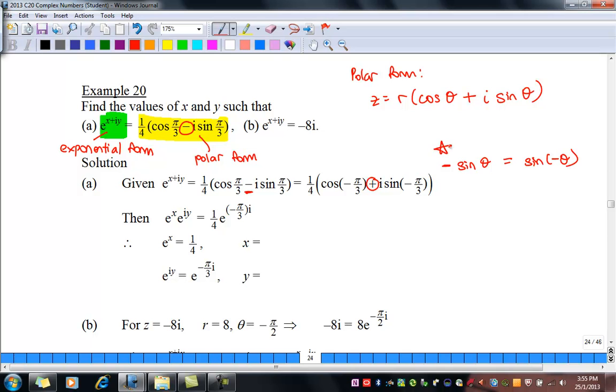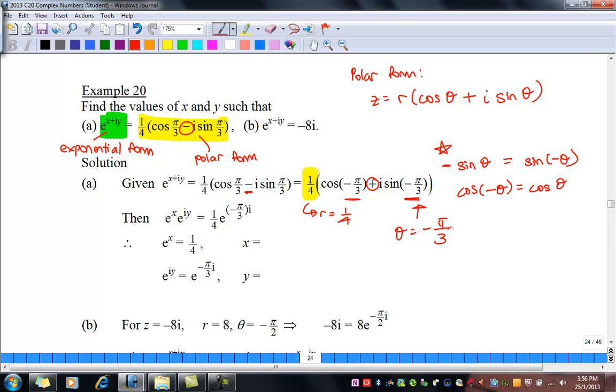This is an important property that has cropped up a number of times. And also, cosine of negative theta is the same as cos theta. Therefore, I can replace both angles by negative pi over 3. And reading off the polar form, I know that for this complex number, r is equal to 1/4 and theta is equal to negative pi over 3.